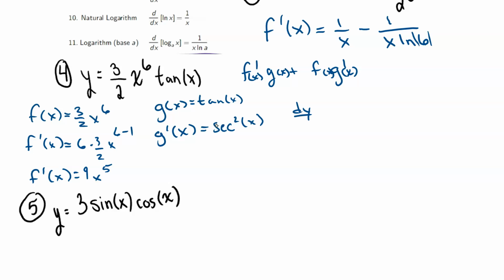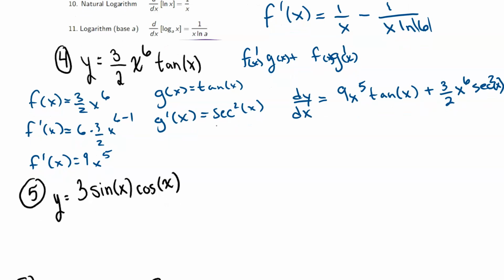So our derivative with respect to x of this guy is going to be 9x to the 5th, f prime times g, tangent x, plus f of x, which is 3/2 x to the 6th, times g prime of x, secant squared x. And we're all set. Moving on down.